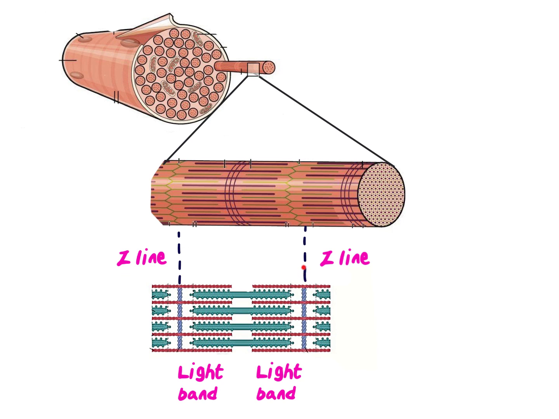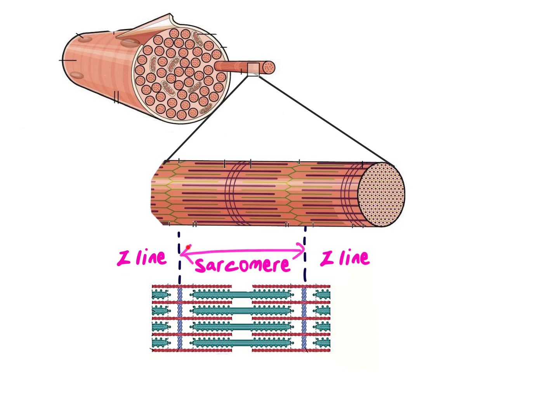Okay, so we can measure it from Z line to Z line, okay? And that gives us a value for the length of a particular region, and that looks like this. And we call this the sarcomere. So it's the distance between two Z lines, okay?